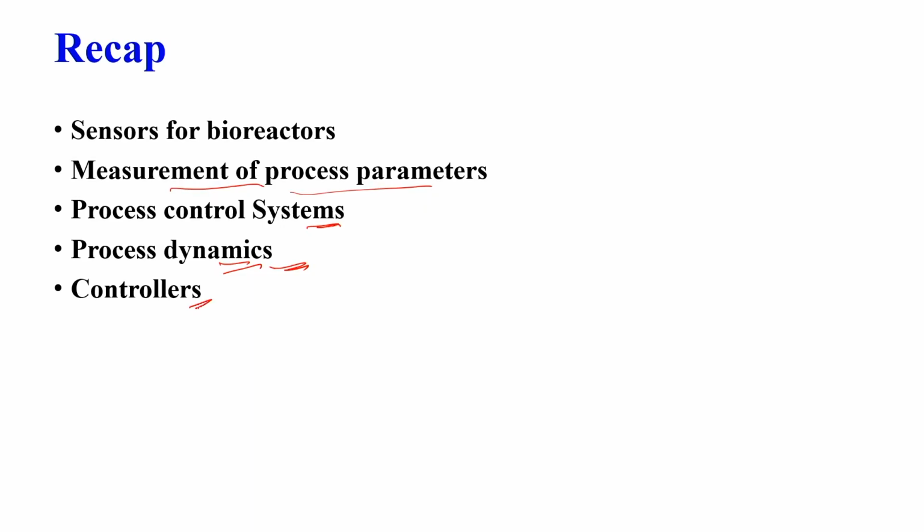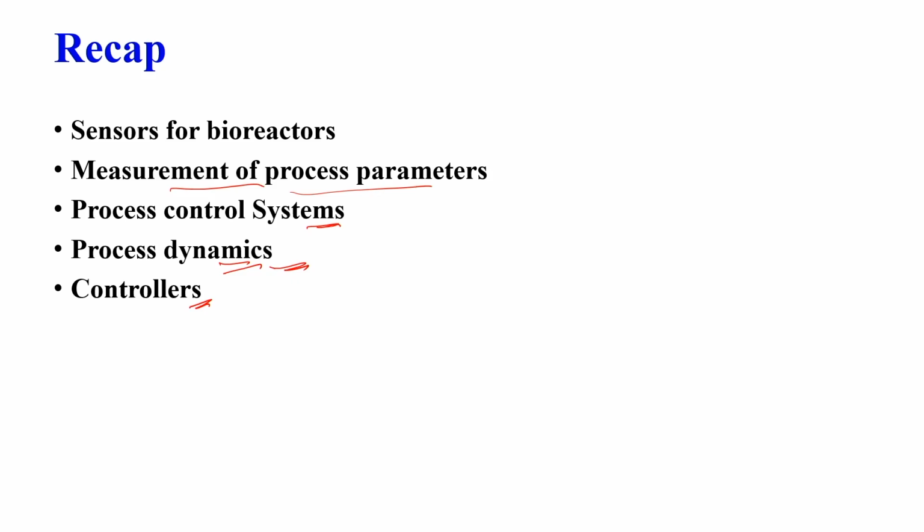Then in the last we discussed how the output signal from the controller is proportional to the error signal. The error basically is defined as the difference between the set point and the measured value. The measured value is of the control variables.